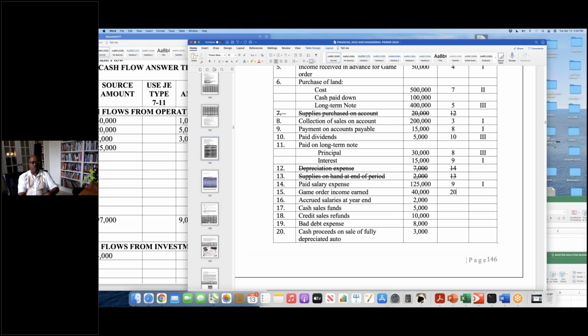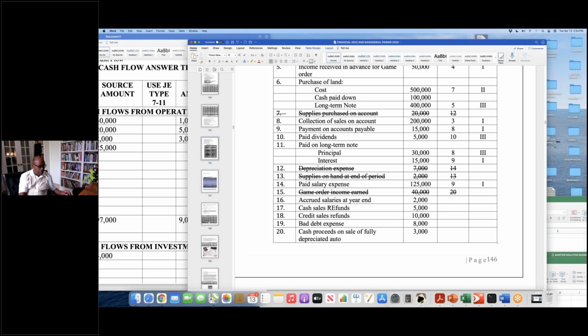Go down to the bottom. Oh, it's not that, that was level, not nowhere near. They're going to strike it. Accrued salaries at year end. That's an adjusted entry, right? Correct? Isn't that a type? Wait. You said accrue. 13?